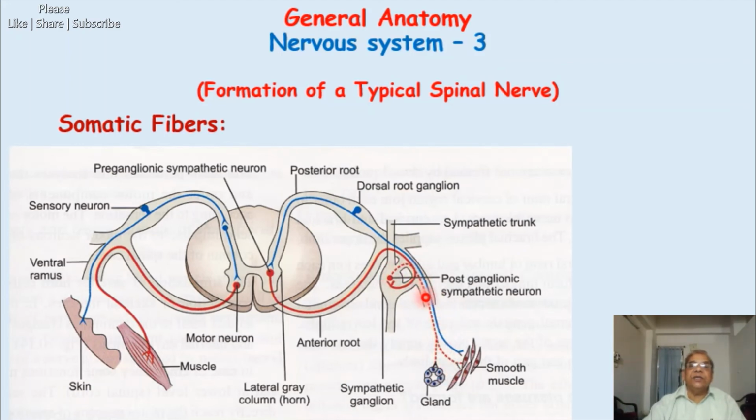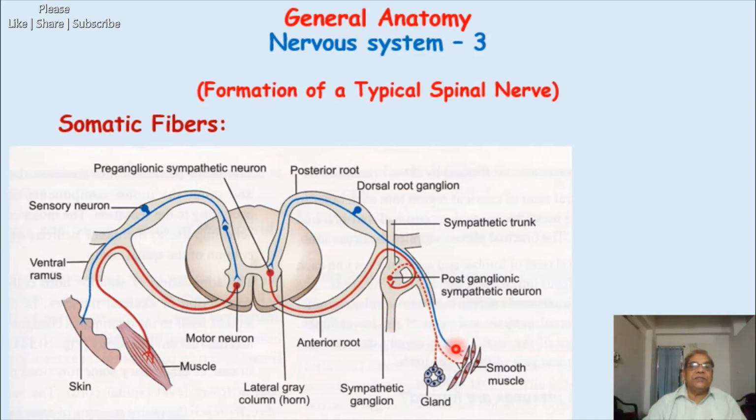So they are non-myelinated fibers, and that's why this communication between the ventral ramus and the sympathetic chain is called the gray ramus communicantes. So this is the white ramus and this is the gray ramus communicantes, the communication between the ventral ramus and the sympathetic chain. Now what about the sensory component of the viscera?